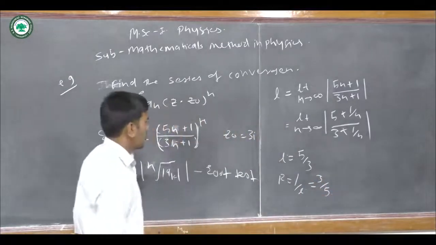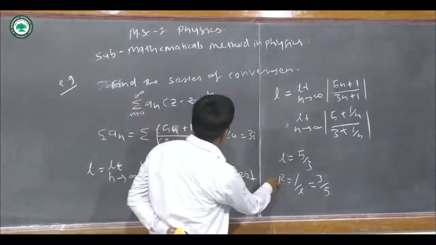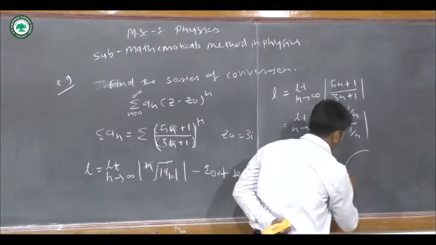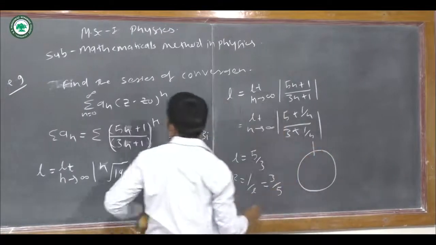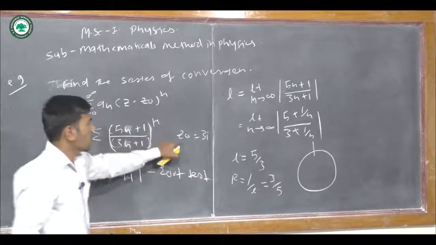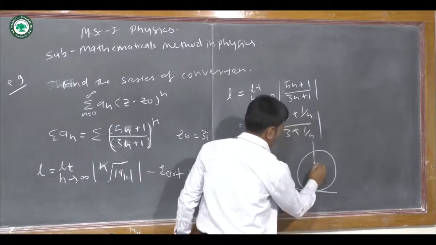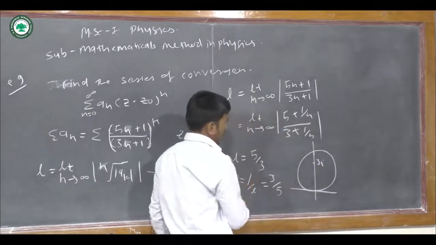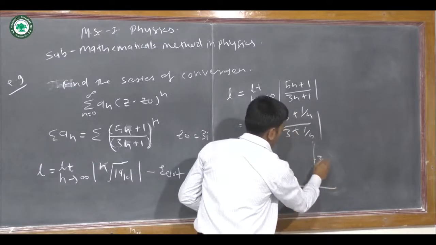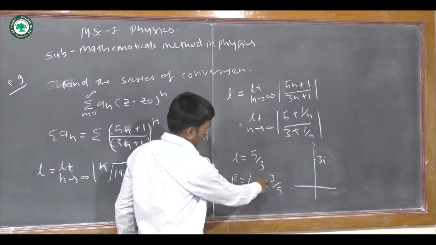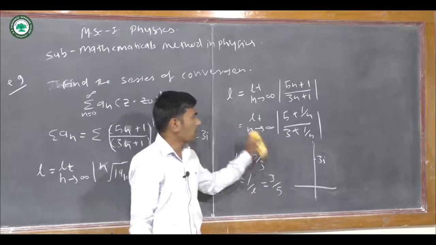Okay, so this is the value for R. Now if I draw the region where this series expands, here z naught is given as 3 iota, and this R is equal to 3 by 5. So in this region we can expand this power series.